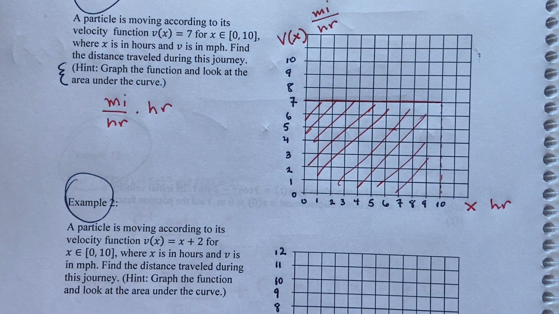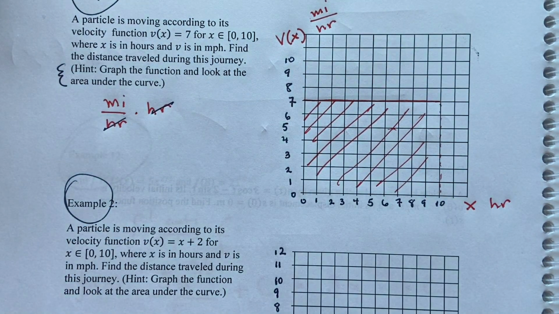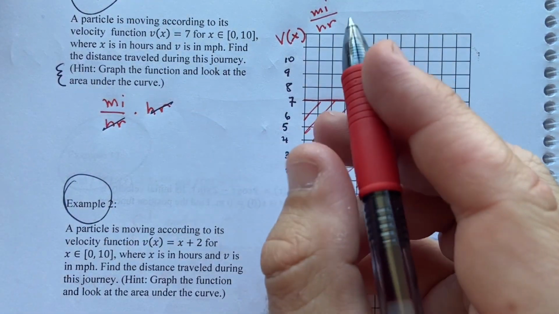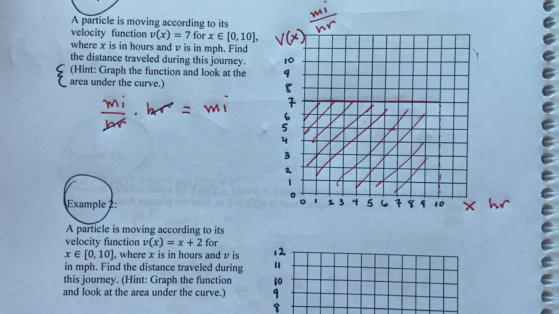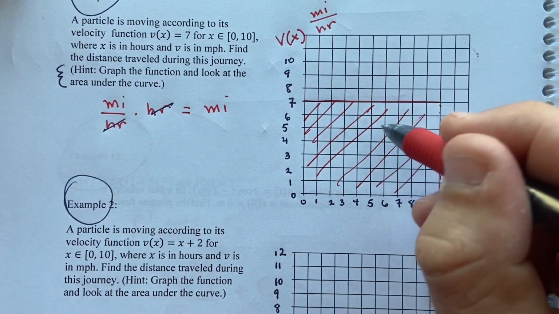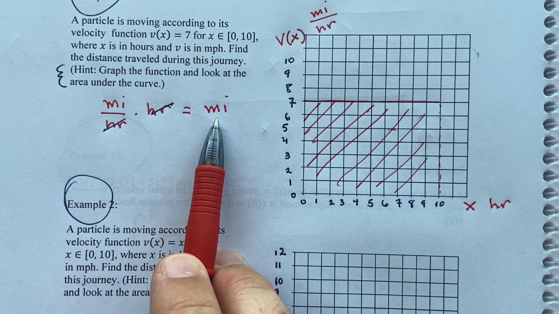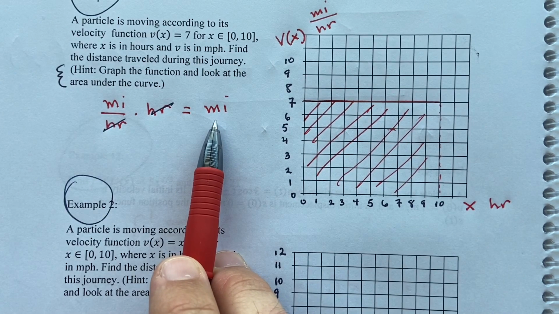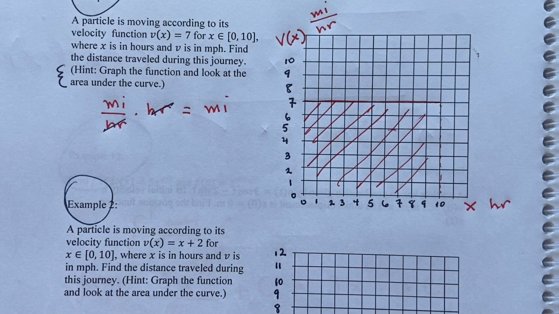When that multiplication takes place, we can cross out hours, and this would be equal to just miles, actually. So the area under this curve here actually represents miles in terms of units. So the area under this curve actually would literally be the distance that this particle traveled.